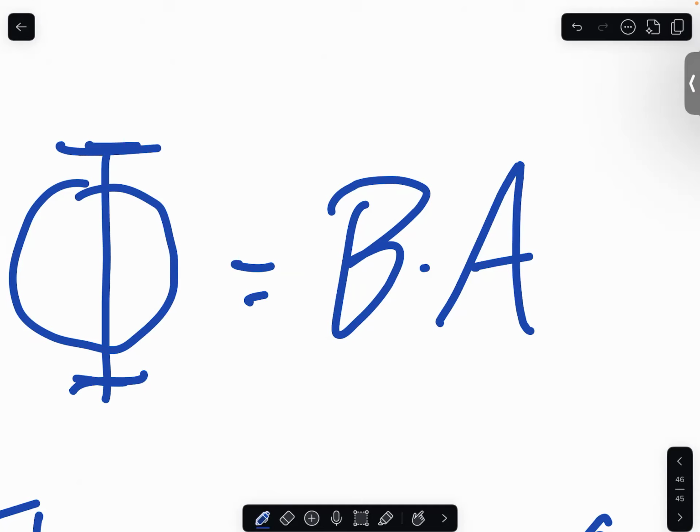Okay, the correct answer is yes. Is Earth's field changing? No. Is the area of the loop changing? Yes. So is phi changing? Yes. If phi is changing, then you get a voltage induced.